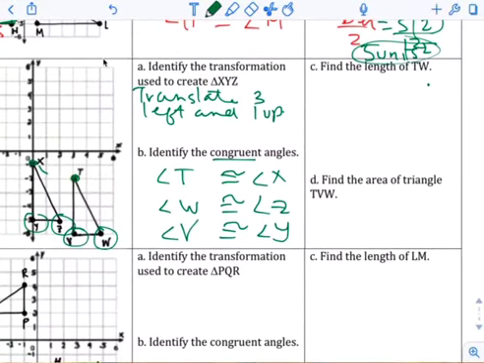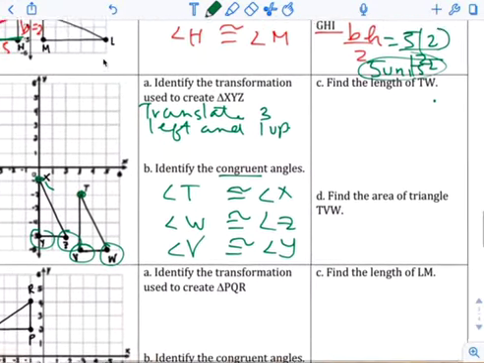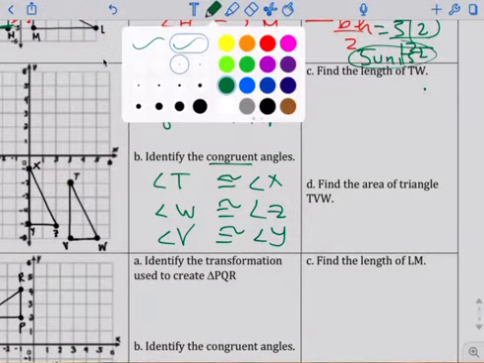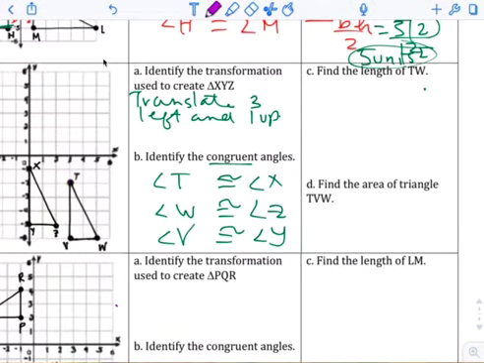Find the length of TW, this length right here. I'm going to erase everything so we can see better. This length right here, TW. 2, 4.